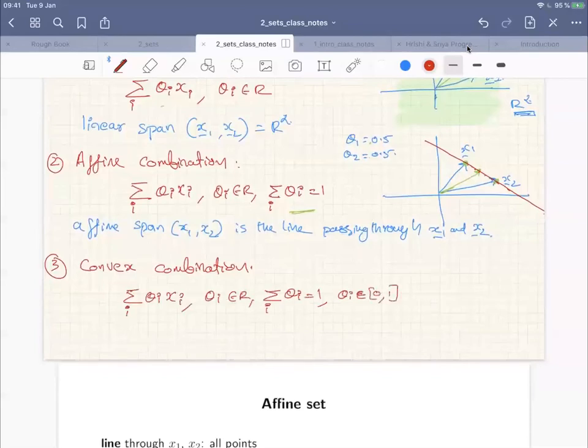So I cannot take a theta_i as something like 1.5. It has to stay within 0 and 1.